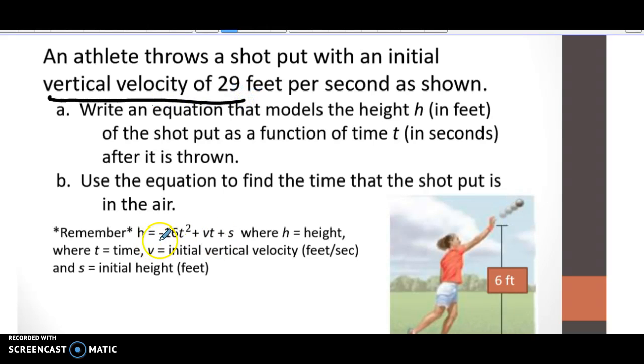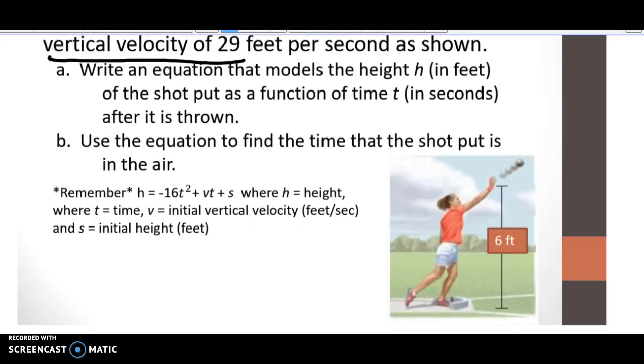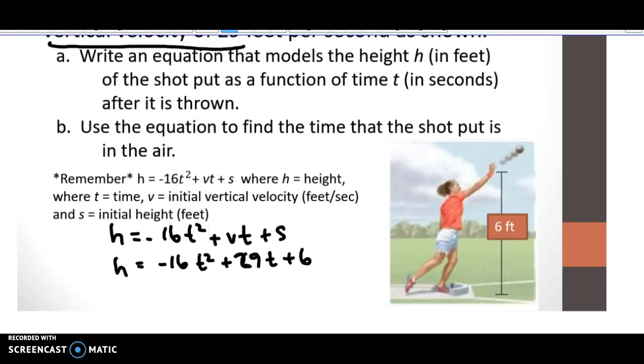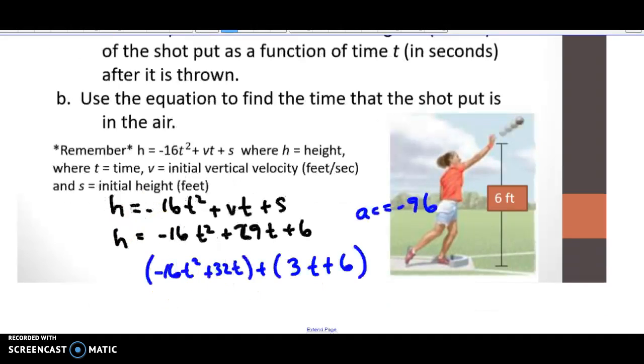So I'm going to use this formula, and I'm going to substitute what I know. I also know my initial height from my picture here. Once I substitute 29 for V and 6 for S, because that's my initial height, now I need to factor this.